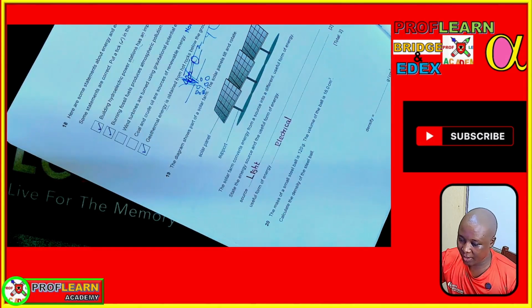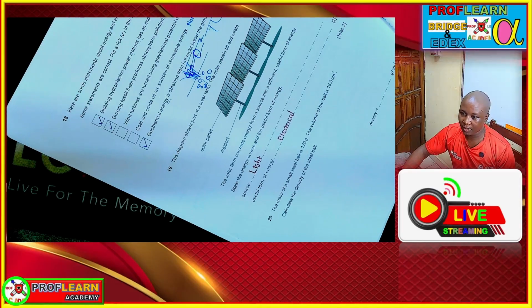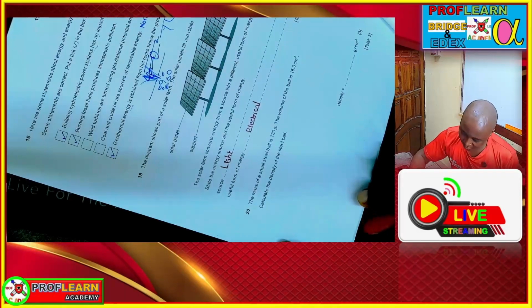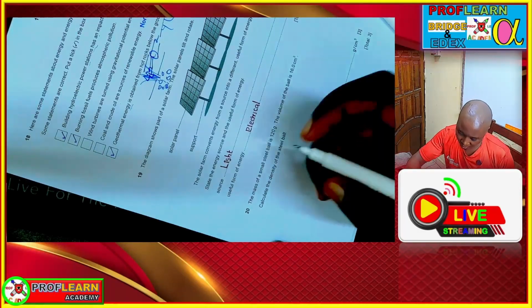We have the next question, and the next question is density. Of course, we've worked out the concept of density, and I would like you to write in the chat section how we can work that out.